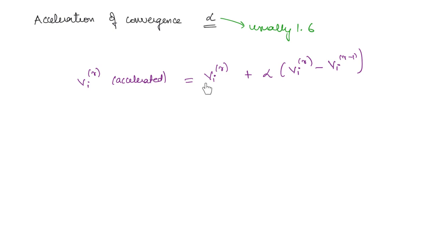You are finding the voltage at the rth iteration, and now you are finding an extra term, which is the calculated value plus alpha, which is 1.6, times the difference between the rth and the (r-1)th iteration. That's all. In this way the number of iterations can be reduced. That's why it is called the V_i rth iteration accelerated value.